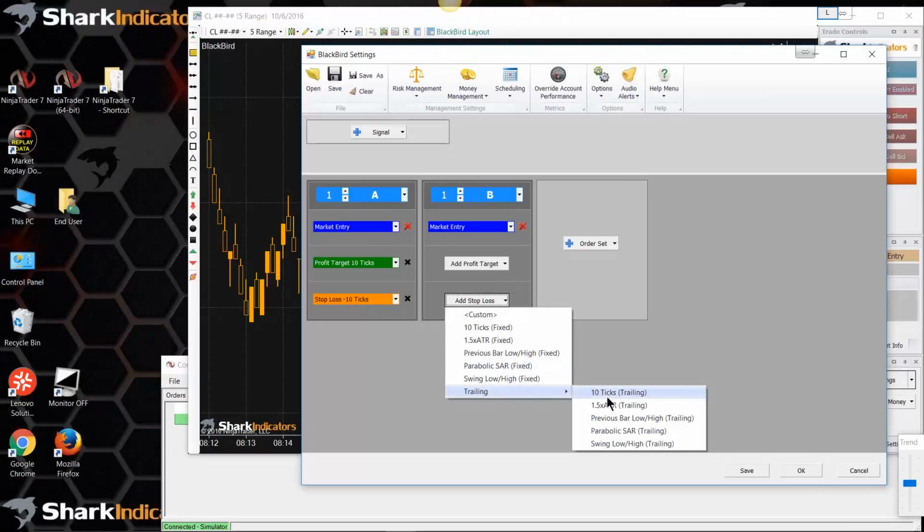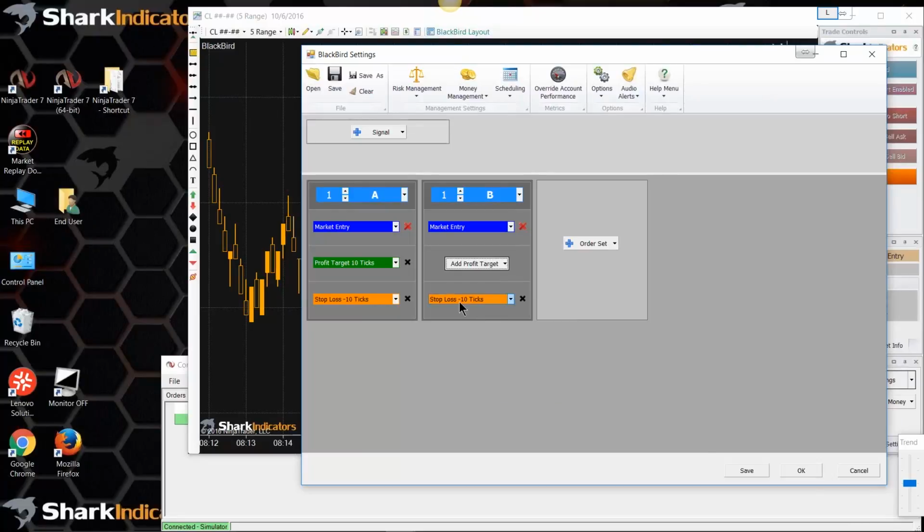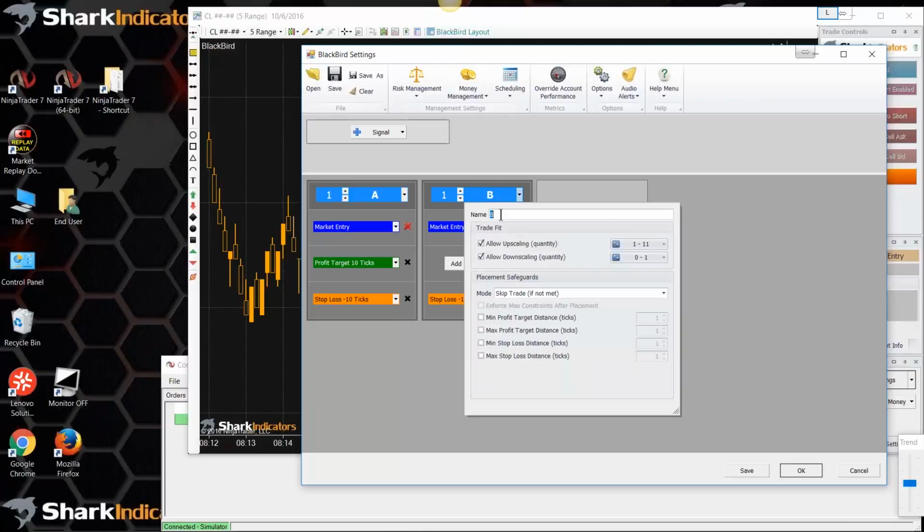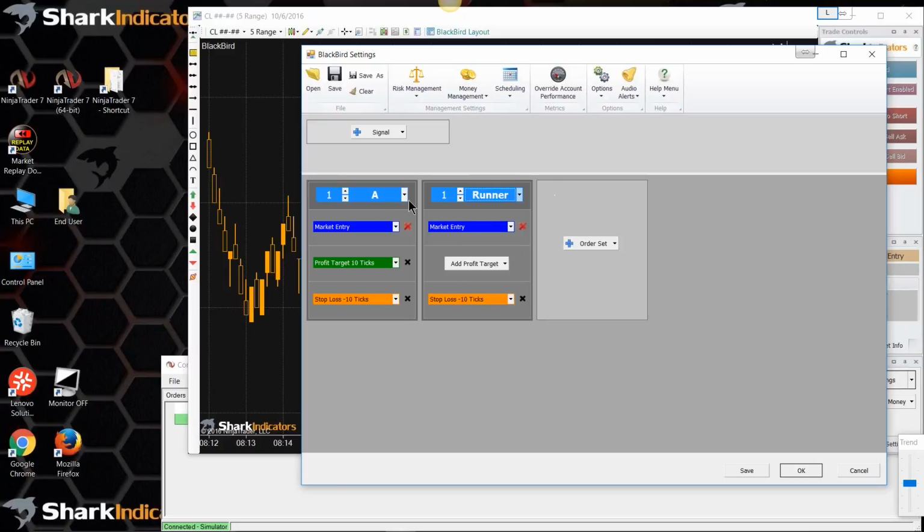So I could actually go in here and use a trailing stop loss as a runner. And then with the name part, I can go in here and type in a new name for that order set. I could type in runner. So now you can see we have set A and runner.